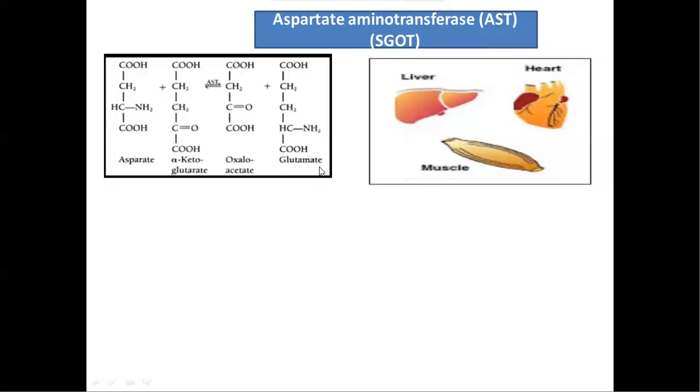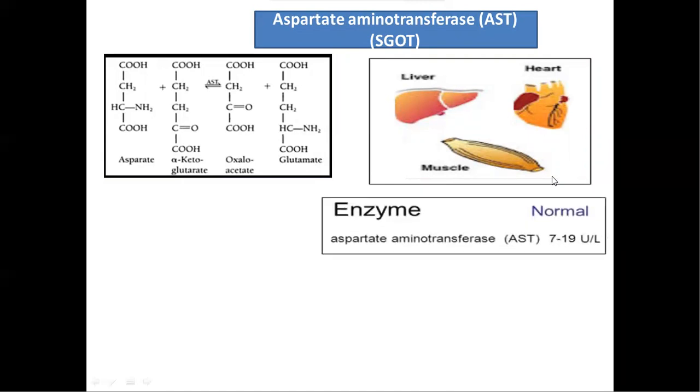So this AST is present in liver, heart, muscle, and kidney, but it is more predominant in liver and heart. To a lesser extent, it is present in muscle and kidneys. The normal concentration of AST is 7 to 19 units per liter in blood plasma.